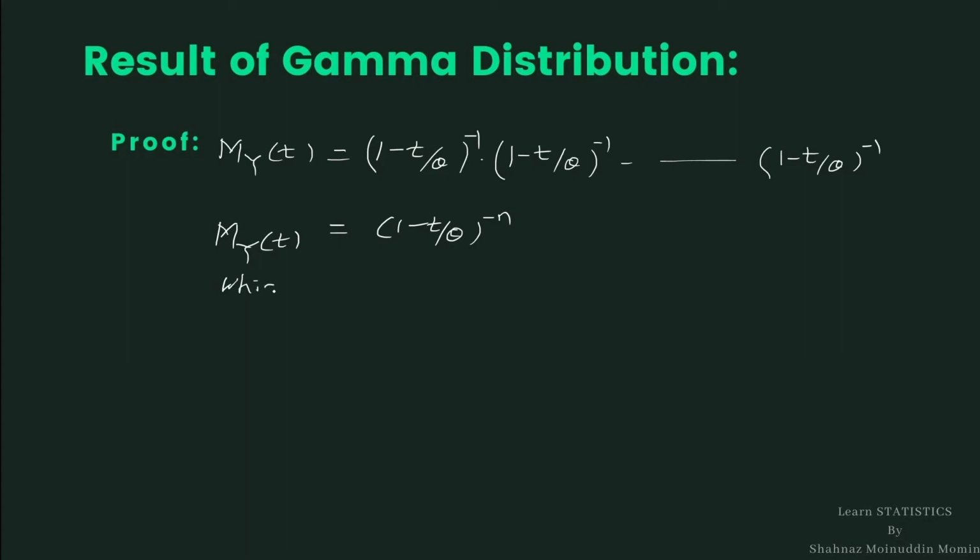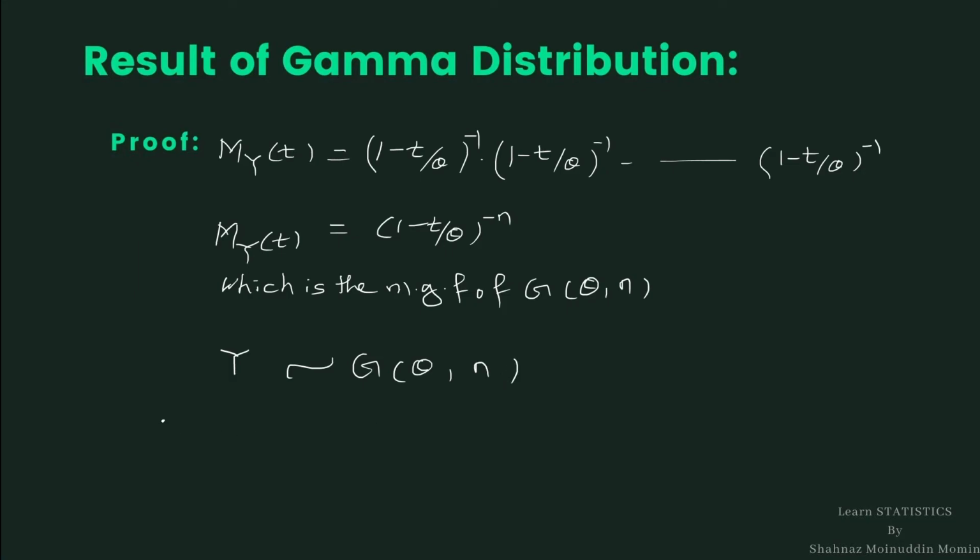which is the MGF of gamma with parameter theta and n. Hence, from the uniqueness theorem of moment generating functions, y must follow gamma with parameter theta and n.